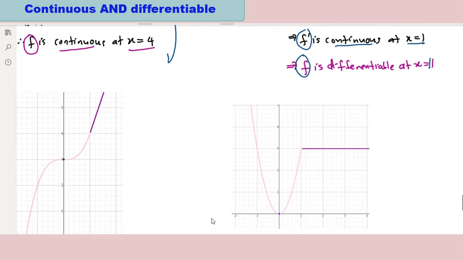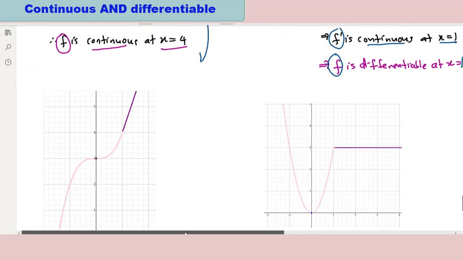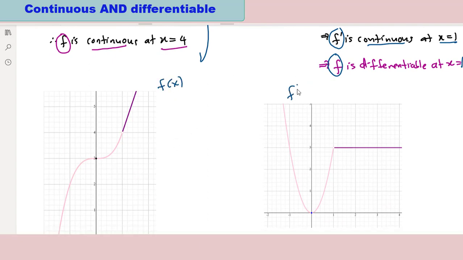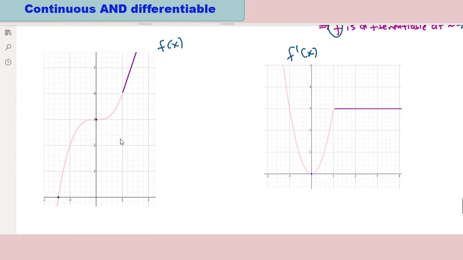And this is the graph for f(x) and f prime of x. For f(x), there is one piece when x is less than 1 and another when x is greater than or equal to 1.